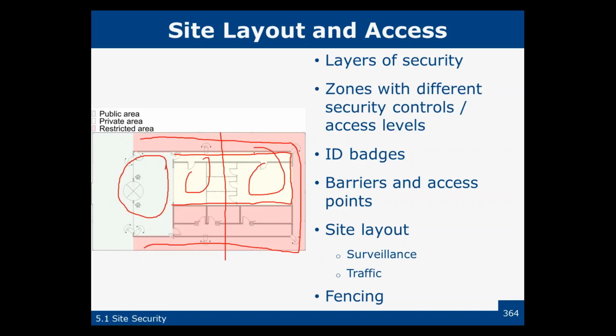Depends on how your organization's set up, how the building's set up, where you actually need people to be. The zones have different access levels. You need control as you go from one zone to the other. Maybe badged with an RFID tag so that you can only get into the restricted area if you have a badge that rates you getting into the restricted area.